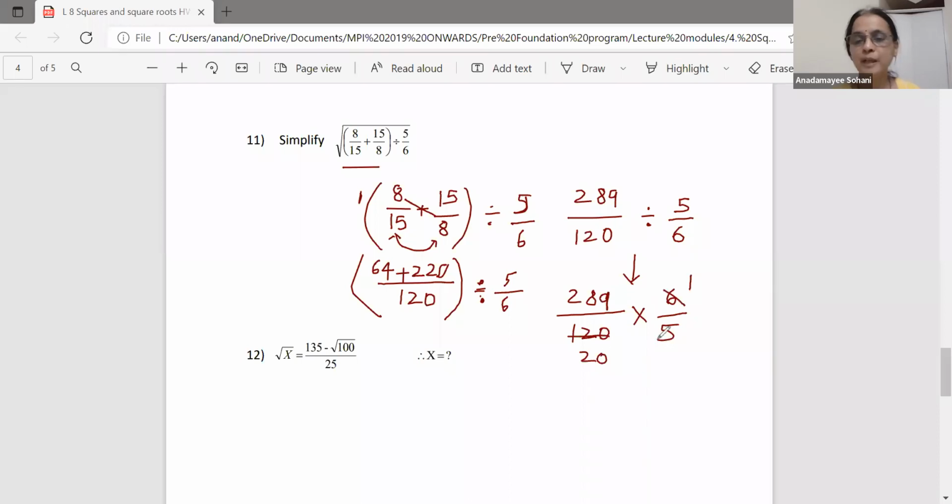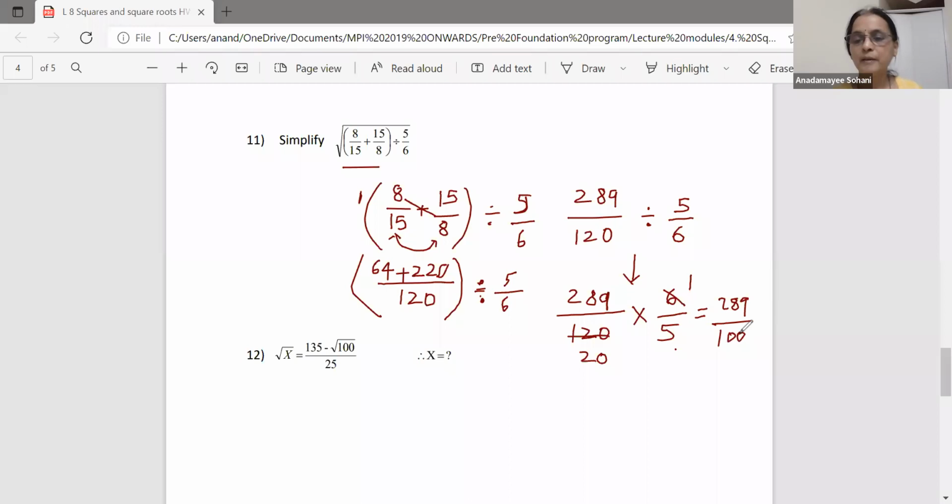Now I can see that 289 is neither divisible by 5 nor by 20. So I keep it like this only and I get it as 289 upon 25 is 100. And now this whole thing is under the square root.